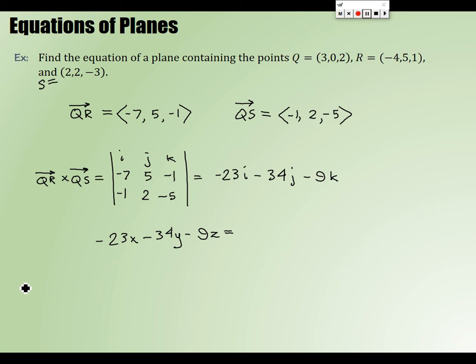It's negative 88. And if you want to multiply through by negative 1, you might want to do that, right? Just to make it look a little prettier.